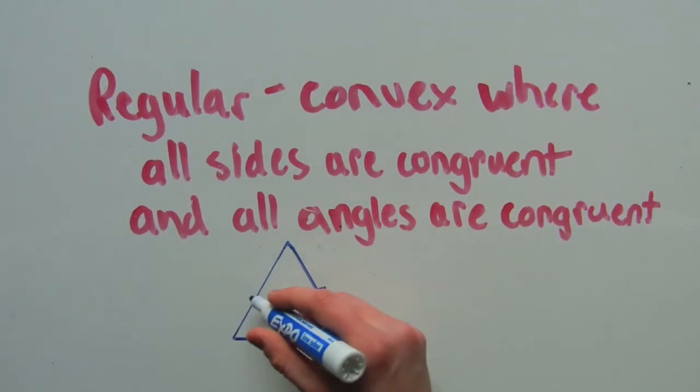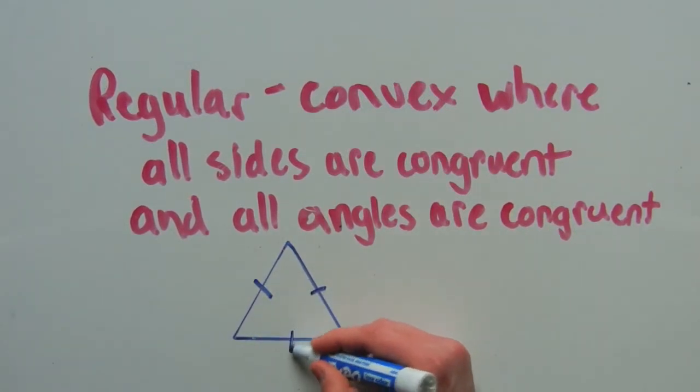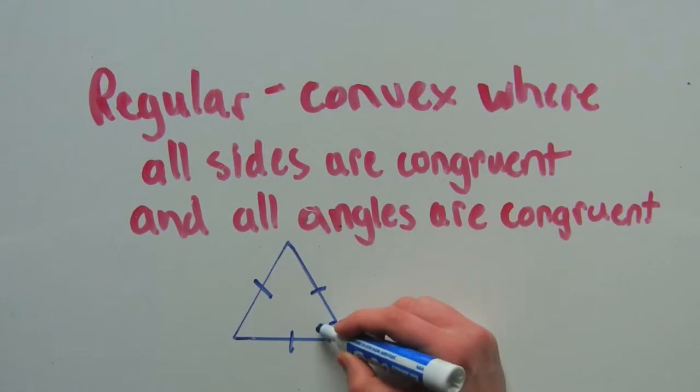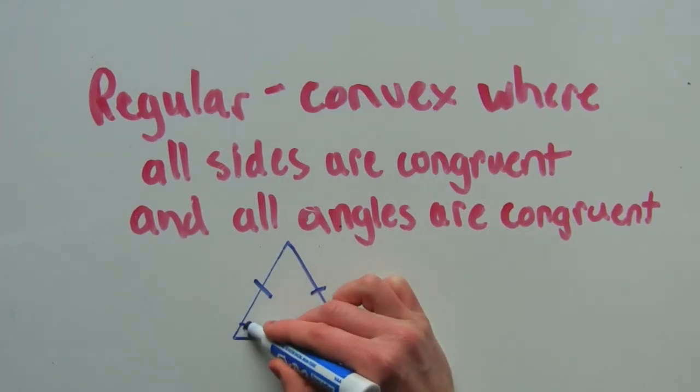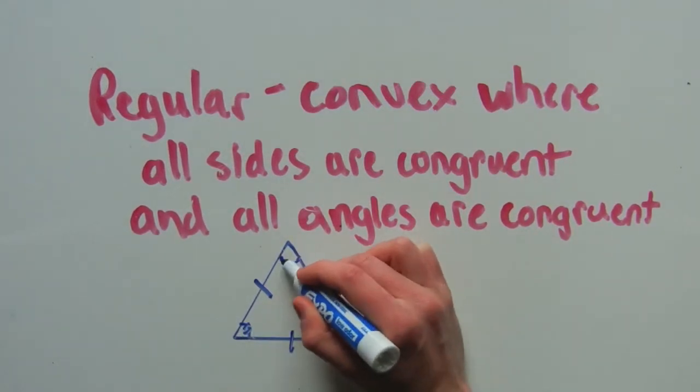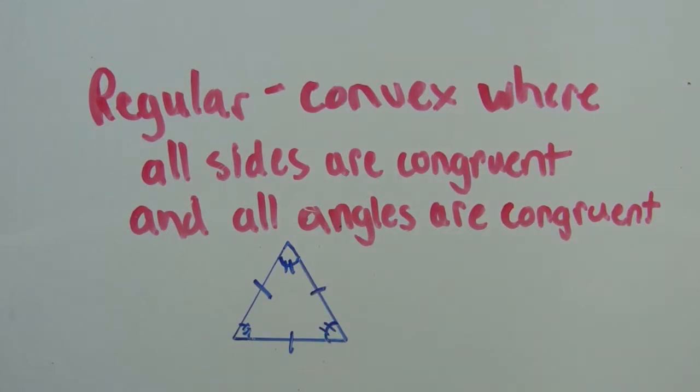So this is congruent to this side, which is congruent to this side, and this angle is 60 degrees, which is congruent to this angle that's 60 degrees, and congruent to the last angle that is also 60 degrees. Notice that the figure is also convex. Therefore, this is a regular triangle.